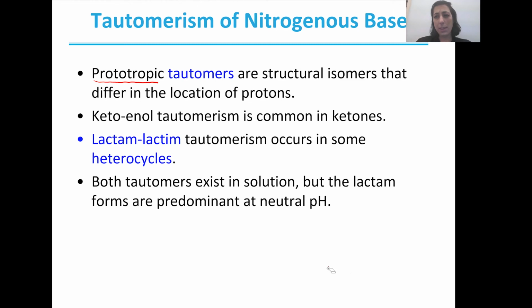Now, both of these versions that I'm going to show you do exist in solution, but the lactam form is the predominant form at a neutral pH. When we're talking about biological pH, the lactam form is predominant. Just like in normal pH environments, the keto form of a keto-enol tautomerism is usually the predominant form.